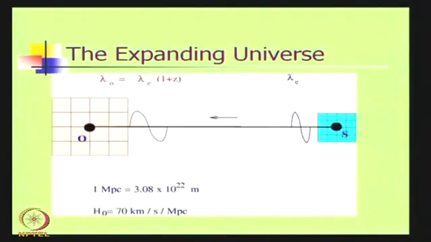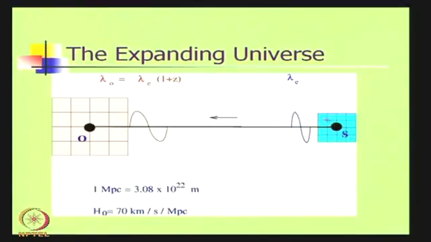Let me illustrate this with a picture. Just imagine a part of the universe like this, and imagine that I have put a grid in that universe. The grid spacing is like a graph paper, and let us say the spacing is 1 centimeter, or whatever, 1 unit.